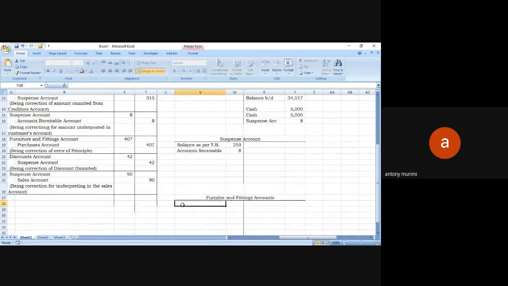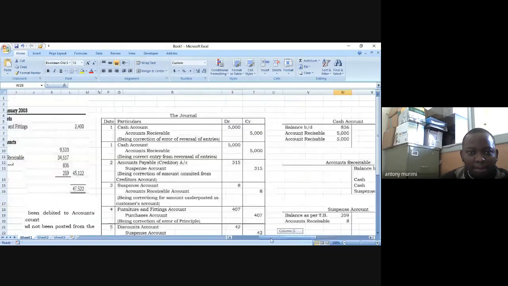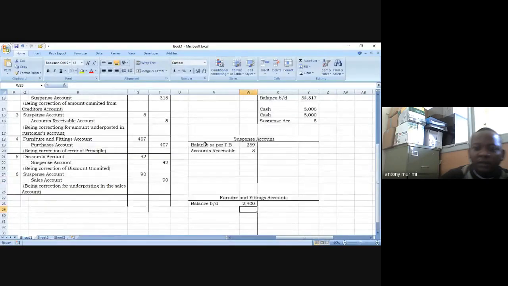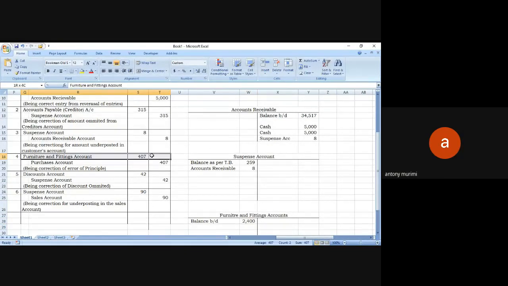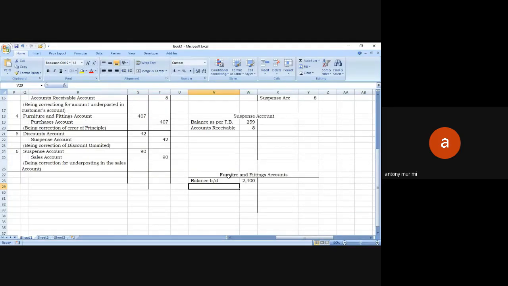Being an asset, the balance brought forward will be on the debit side. So balance brought forward, 2,400. And then we correct for this error. Debit furniture and fittings by purchases account, that is 407. Then for purchases account, we shall skip it.